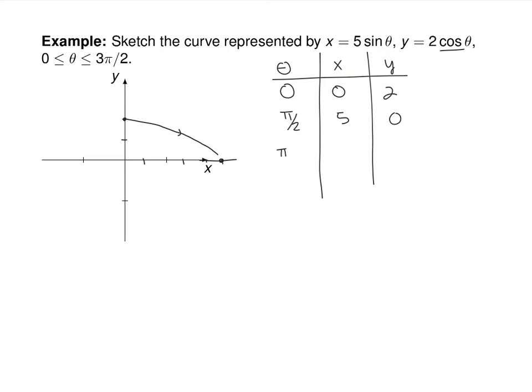Okay, then plugging in pi, sine of pi is 0, cosine of pi is -1, multiplied by 2 gives us -2. So back down to here. And plugging in 3 pi halves, the x will be -5 and the y will be 0. All right, so there is the parametric curve.